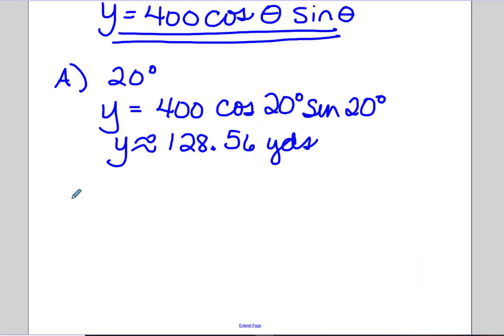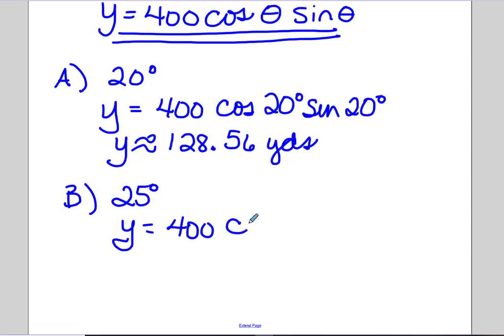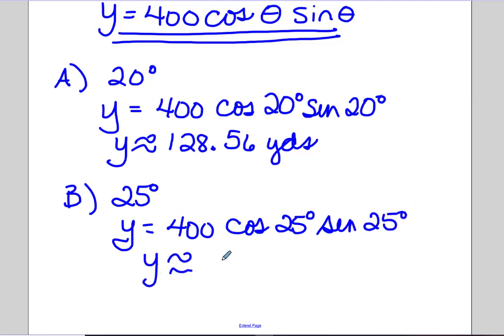And then at 25 degrees, doing the same thing, 400 cosine 25 times sine of 25, the ball travels about 153.21 yards down the fairway. And that, my friends, finishes Unit 8 on conic sections and analytic geometry.